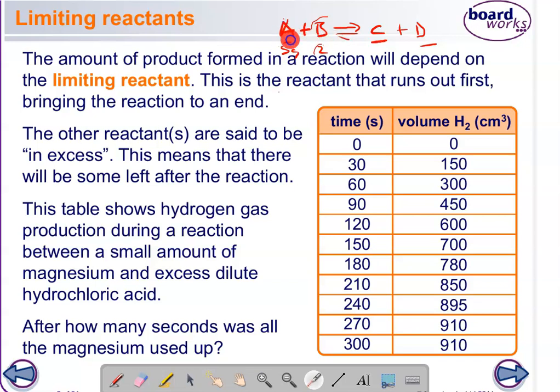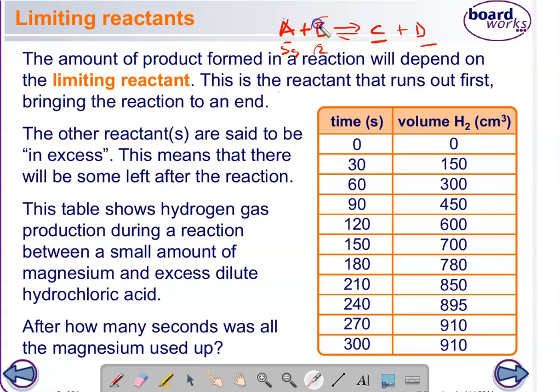If we react A with B to give us C and D, let's say we have 5 grams of A and only 2 grams of B. As the reaction proceeds, at some point all the B will finish. Once that is finished, the reaction cannot proceed because there is no more B to react with A to produce C and D. And so without B, the reaction comes to an end.